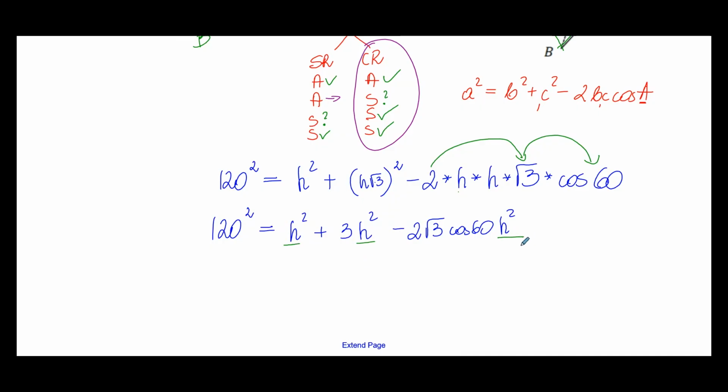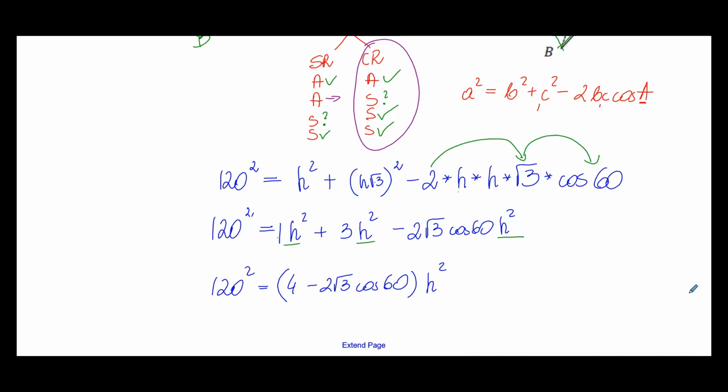Together, how many of those h squareds do I have here? I have 1 here, I have 3 here, so I have 4. And then I have this number, minus 2 square root of 3 cos of 60. Yes, you can put that in the calculator to find the number, but that is the number that will be standing beside h to the power of 2, isn't it?